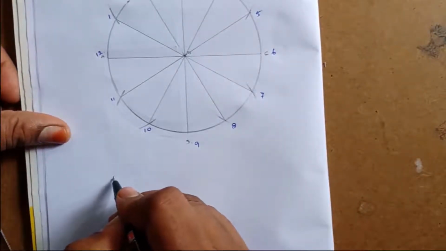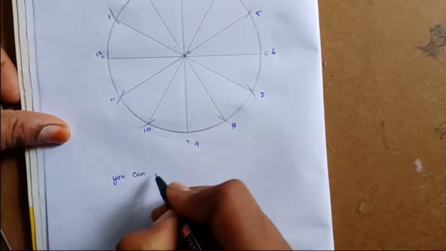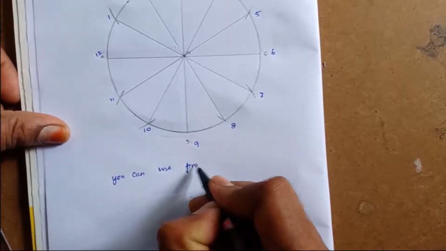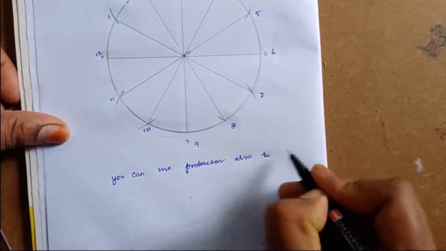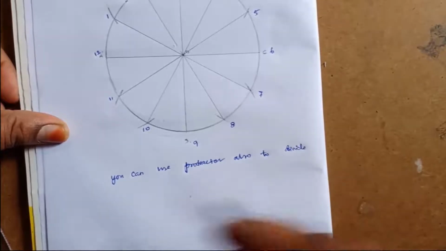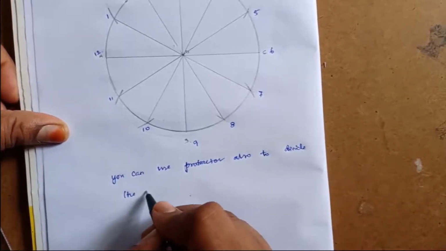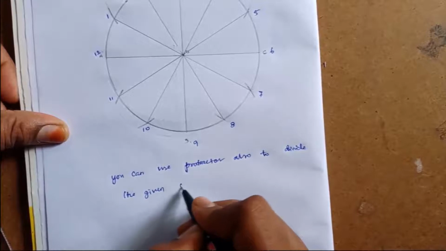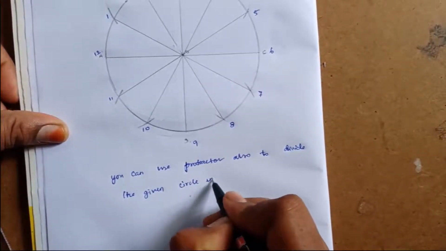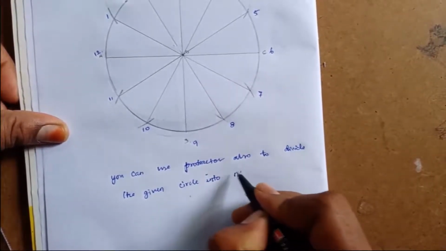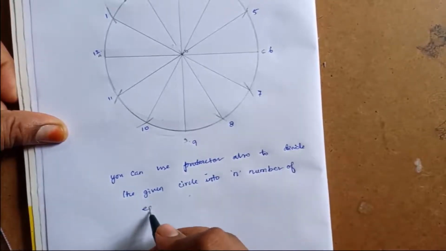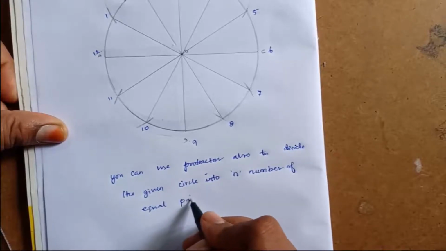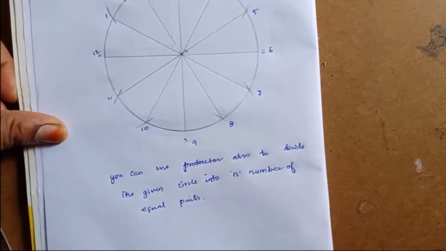You can use a protractor also to divide the given circle into n number of equal parts. I hope you all understood.